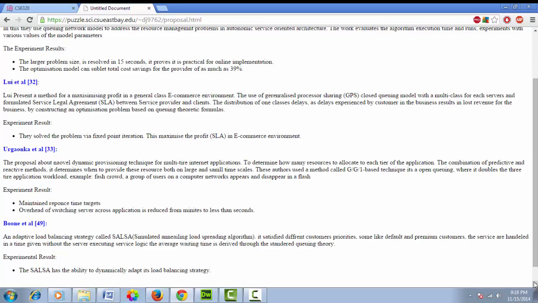It is about an adaptive load balancing strategy called SALSA, the Simulated Annealing Load Spreading Algorithm, where he used standard queuing theory to derive average waiting time, and the experimental result is that the simulated annealing load spreading algorithm has the ability to dynamically adapt its load balancing strategy.